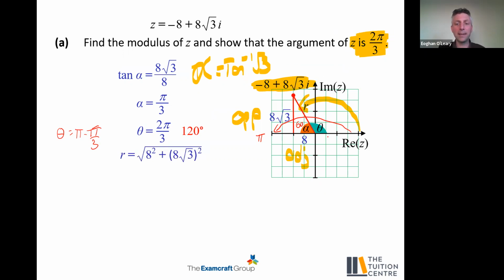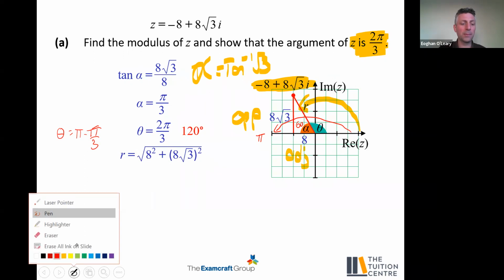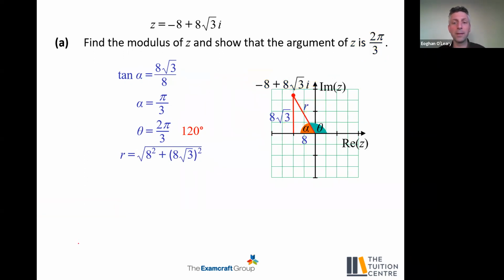I will then calculate the modulus, the length, the distance of the point minus 8 plus 8 root 3i to the origin. So it's Pythagoras' theorem, really, although some people think of it as the square root of the real part squared plus the imaginary part squared.